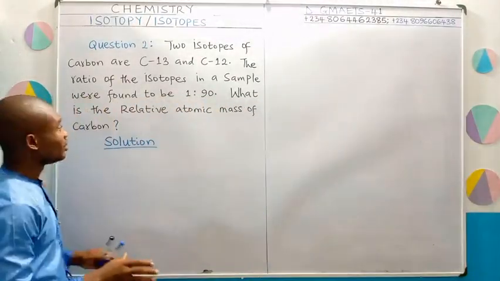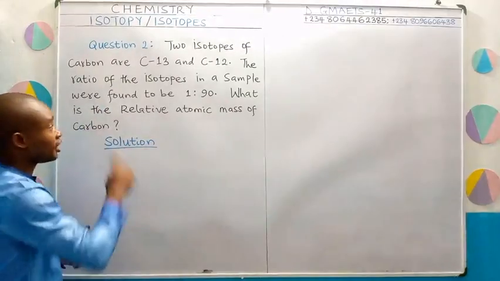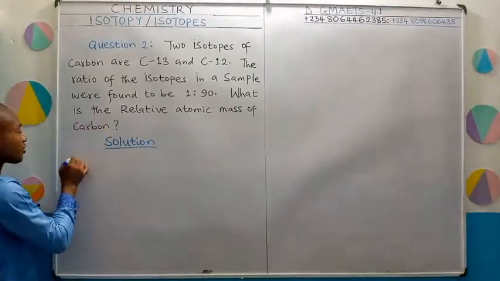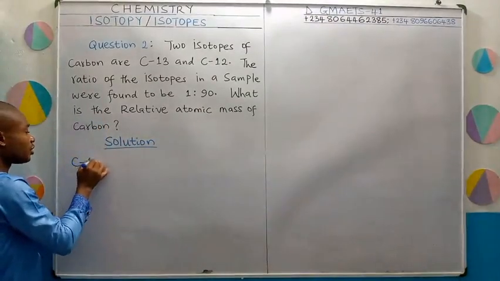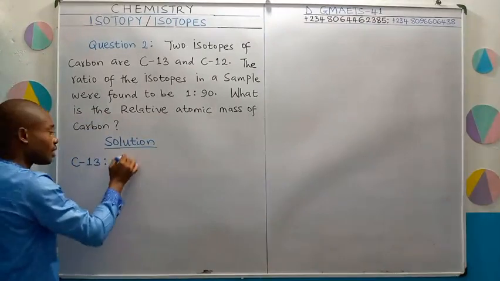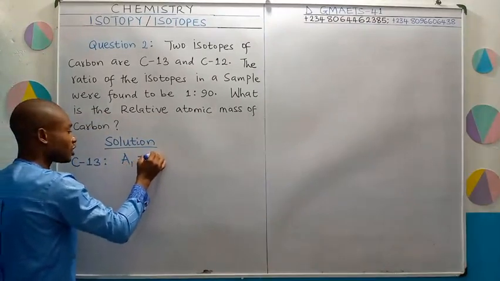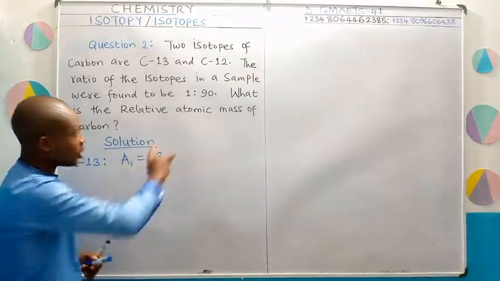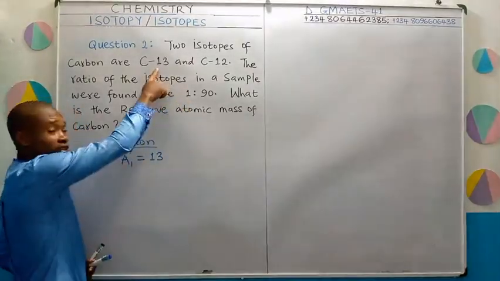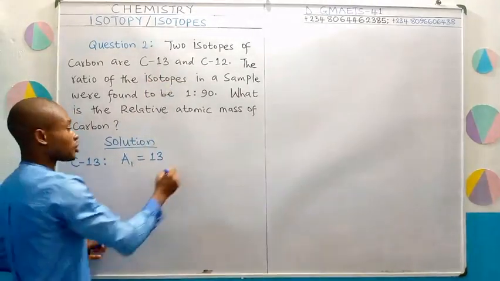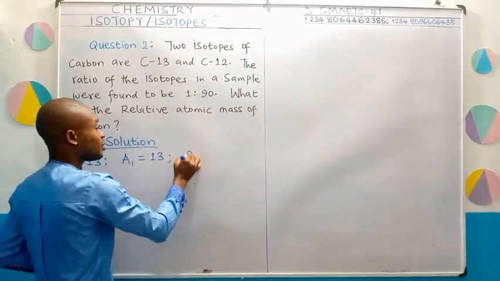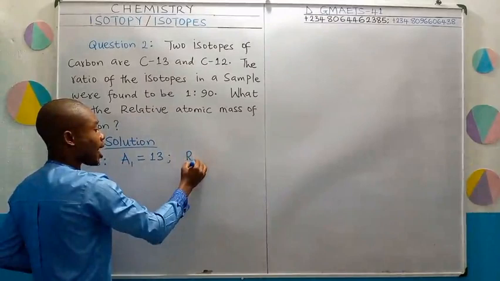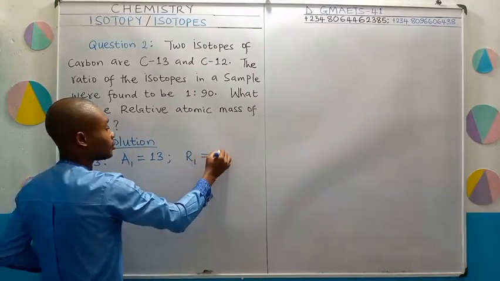It's a simple one, not too different from what we did in the previous question. So here we have carbon 13, so the mass number A1 will be equal to 13. Now here they give us the ratio. Usually the first ratio will belong to the first isotope mentioned. So I'm going to write that the ratio of isotope 1, R1, is equal to 1.